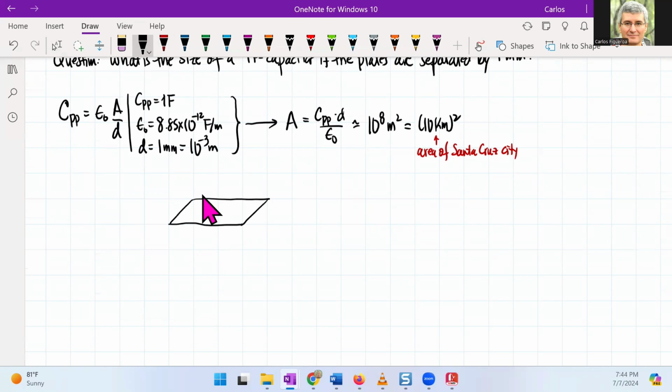If I look at just one parallel plate, what's the area? That's effectively about 6 miles on one side and 6 miles on the other side. That is crazy.